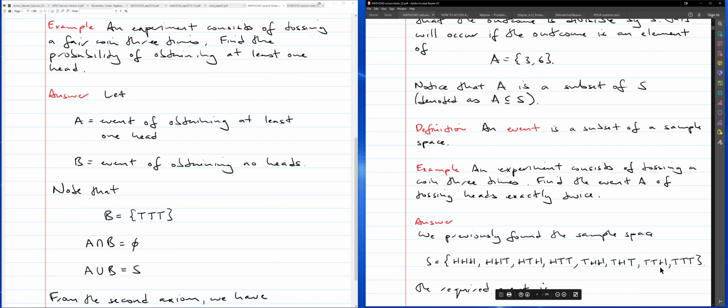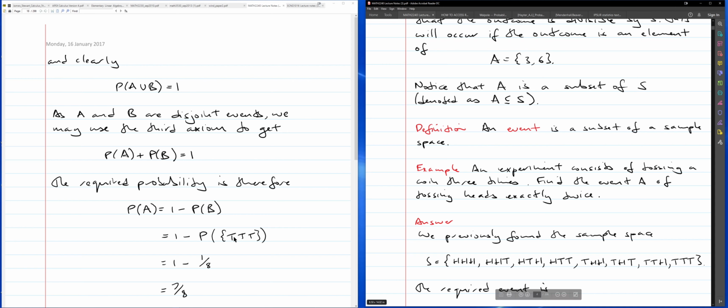So B is the complement of A with respect to your sample space S, right? Okay, so what we can do is use the fact that since B is the complement of A, we have that probability of A is equal to 1 minus probability of B.